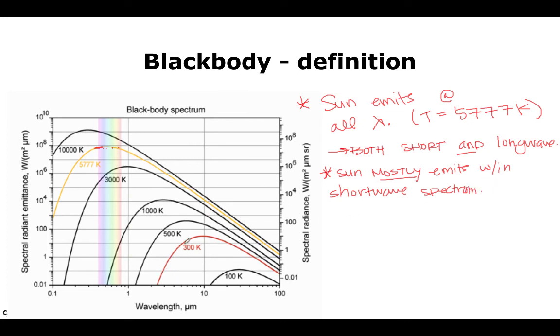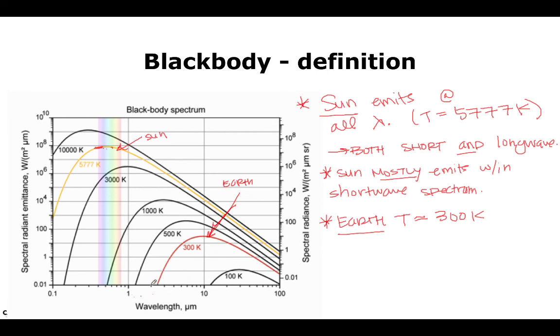Now let's observe this line here. This is the sun, and this line is the Earth. The Earth temperature is approximately 300 Kelvin, and it primarily emits what type of wavelengths?